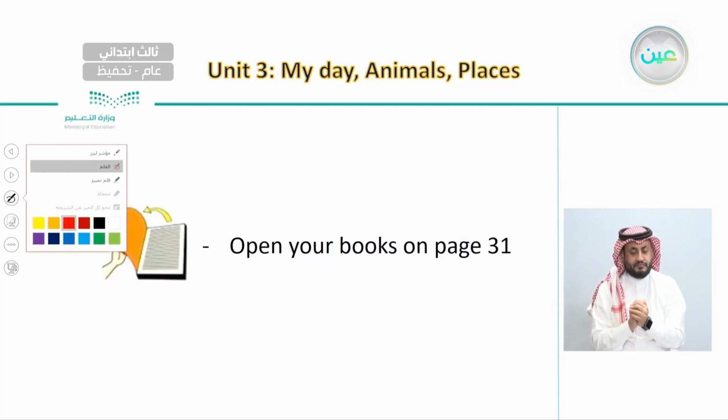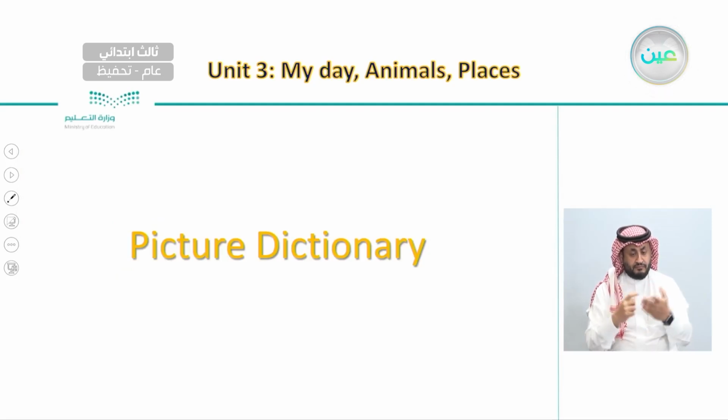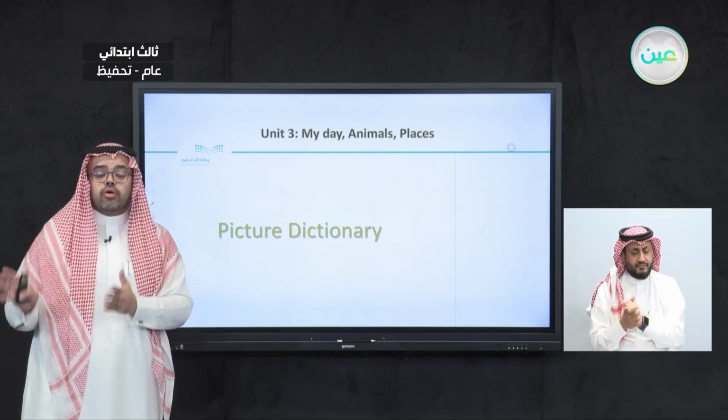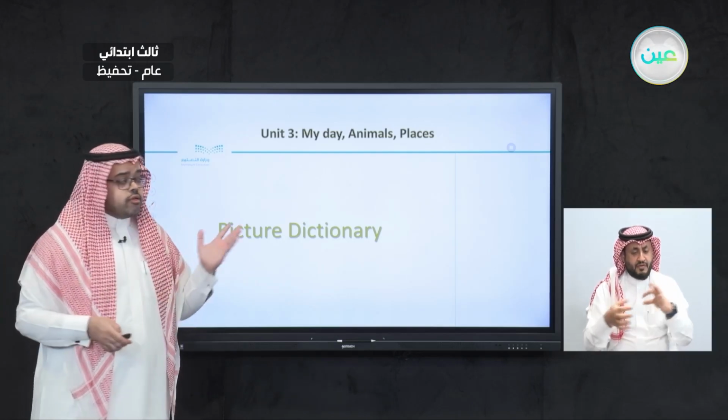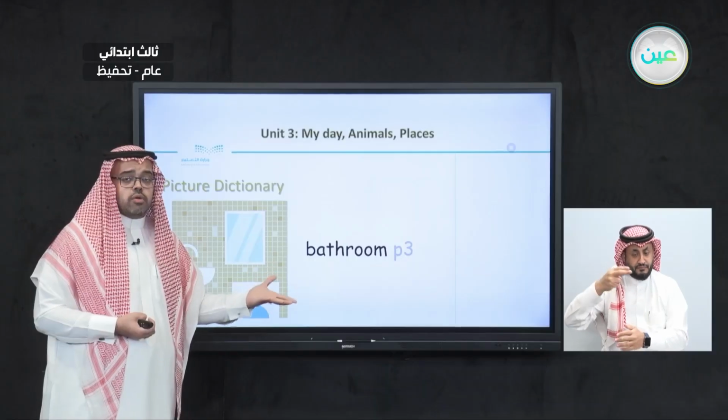Now, on page 31, the first lesson we had is a picture dictionary, where we read the words along with the picture. So the first word we have is bathroom. Bathroom is one of the rooms we have in our homes, where we go and wash our faces and take a shower.